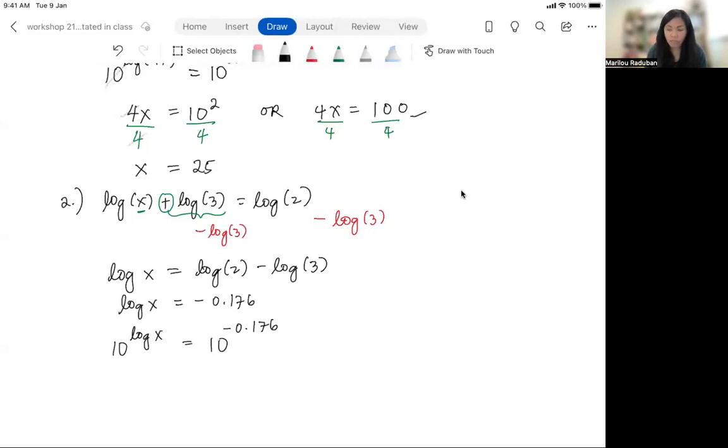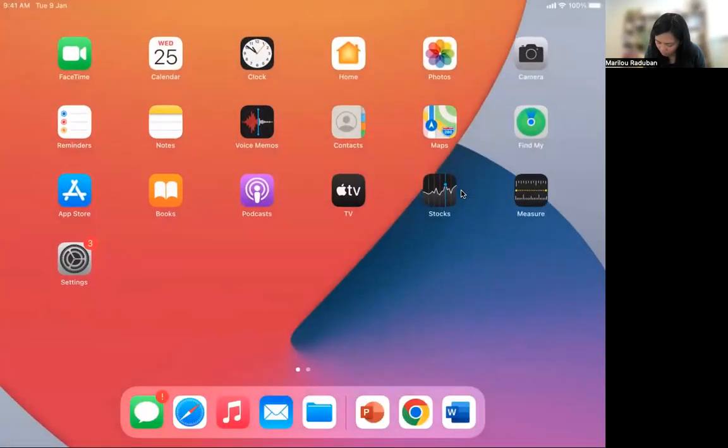The base 10 will cancel out logs. You just have x on the left side, and then you do base 10 exponent negative 0.176. So you do that here.